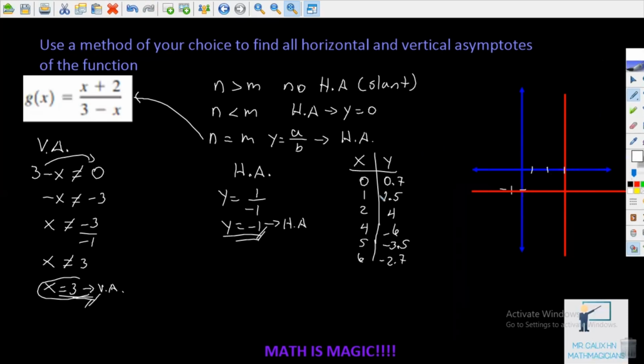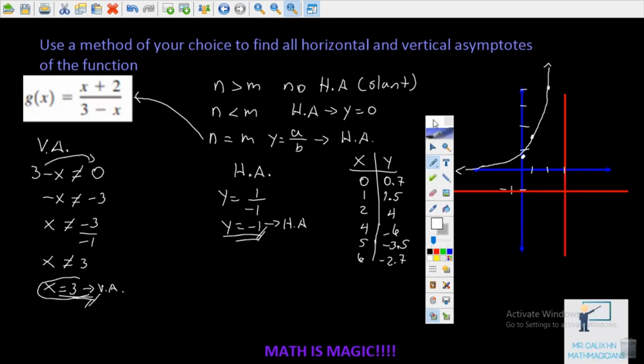Now let's start graphing. 0 with 0.7 is around here. 1 with 1.5 is in between 1 and 2. 2 with 4, let's call it here. As you can see, your graph curves this way. It will never intersect this line here. Let's make this one a little longer so you can see that it will never intersect. So we are okay with the asymptote so far.